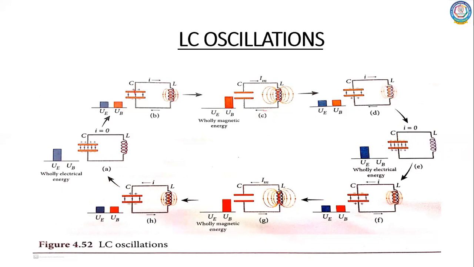One energy is getting converted into another without loss of any energy, which is what you call undamped oscillations. Okay, is it clear, children? So this is about energy conversion during LC oscillations. We'll be continuing with our next topic in our next video, children.